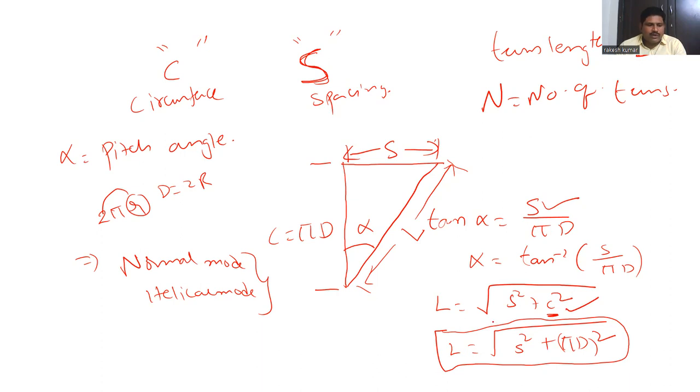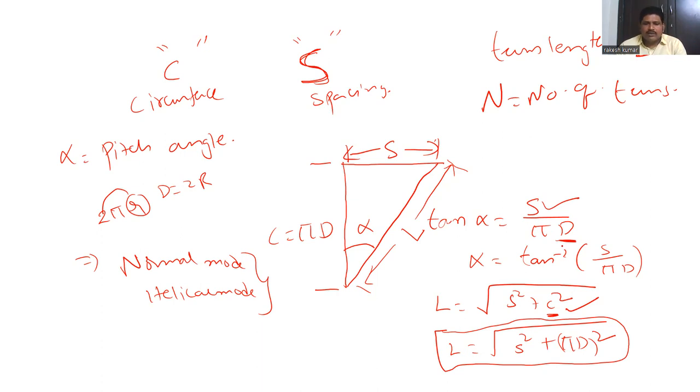So the mode of radiation of an antenna depends upon the diameter of the helix D and the spacing between the turns.